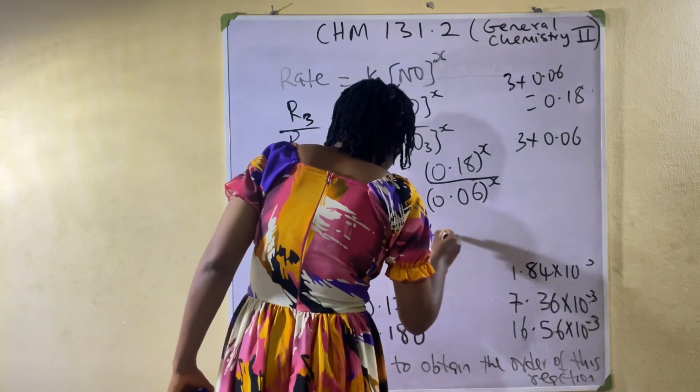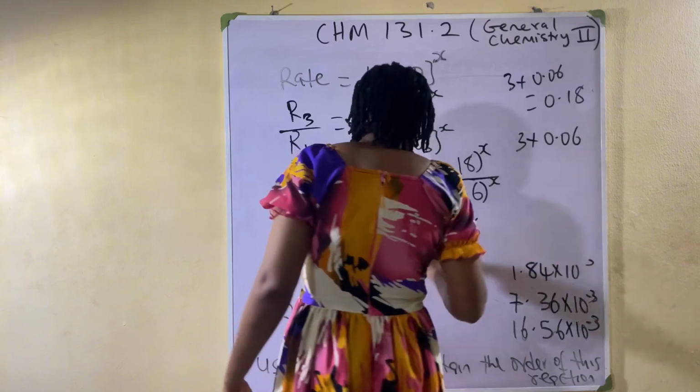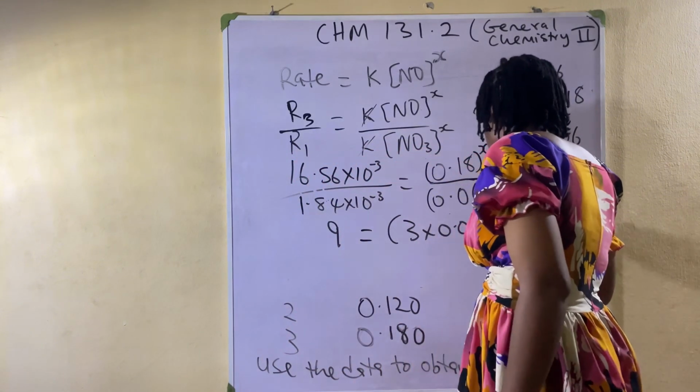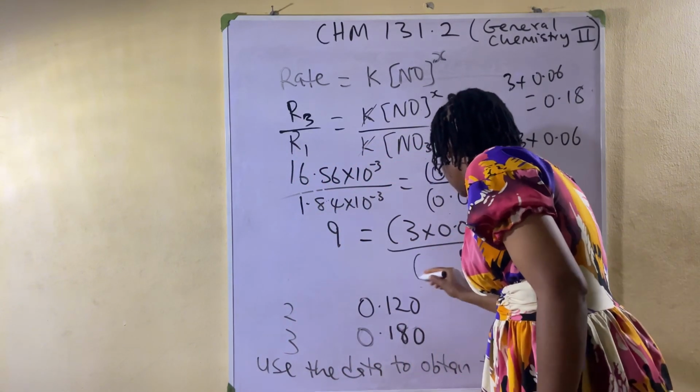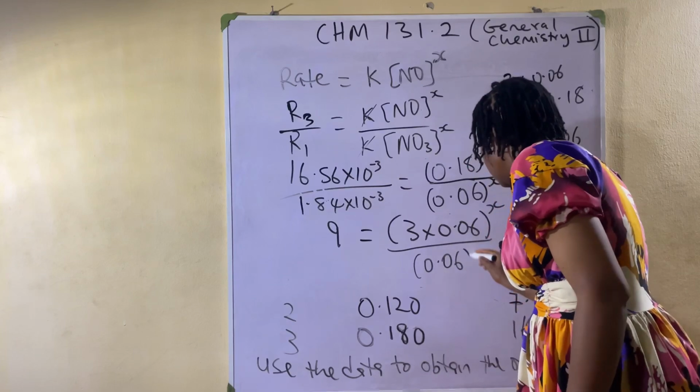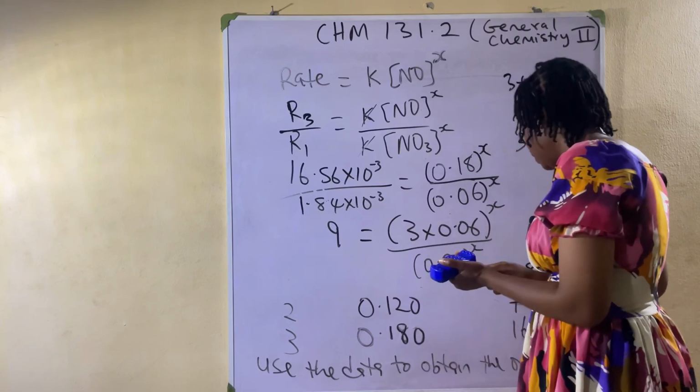So 3 times 0.06 raised to the power x, all over 0.06 raised to the power x.